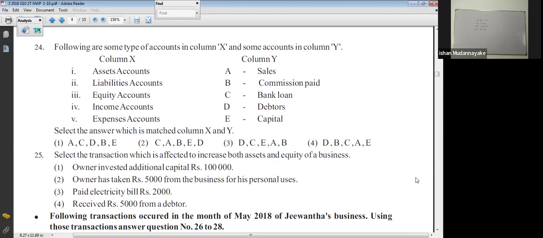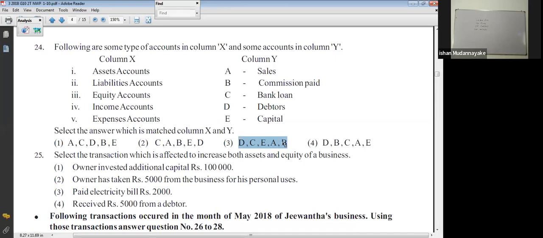Following are some types of accounts in column X and some accounts in column Y. Select the answer which matches column X and Y. Third one. Yes, Rushda, correct. Atmika, correct. Sanjali, correct. Yes, the third one is the answer.